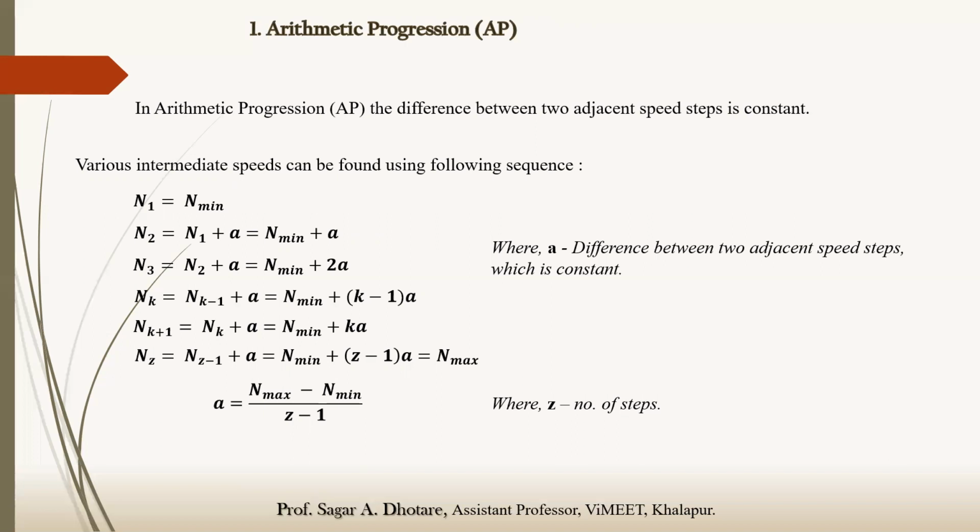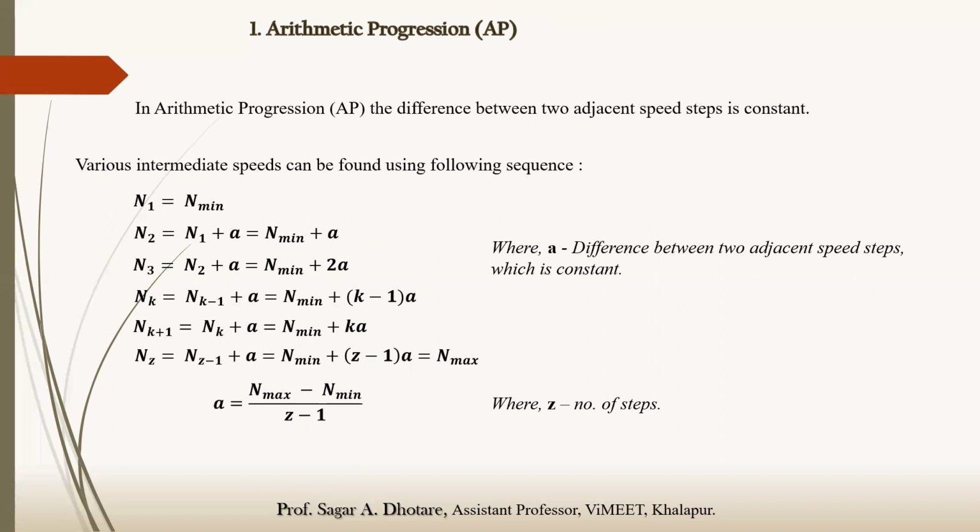So n1 is the minimum speed and nz, the last step, is the maximum speed. We have n1 equal to n minimum.